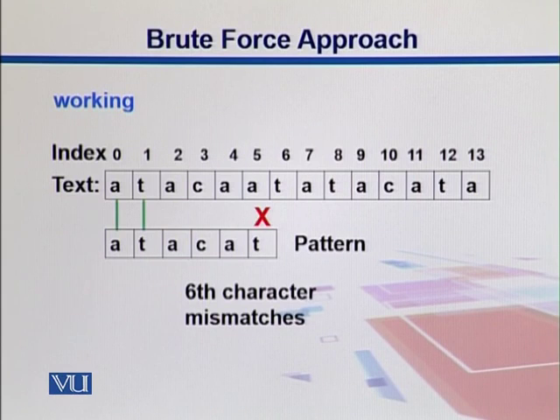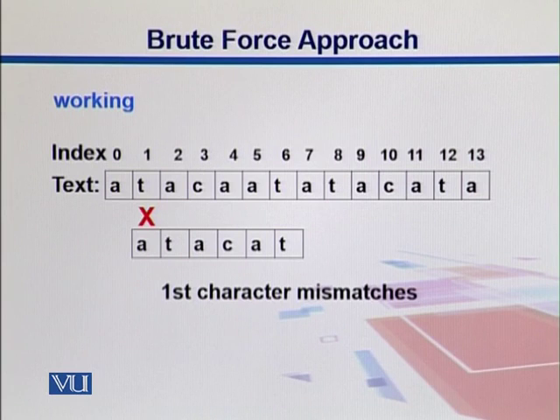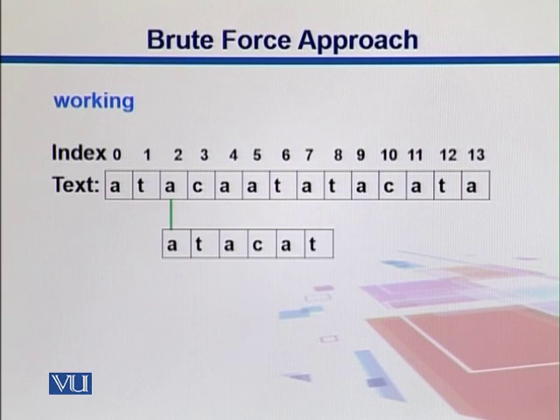We see that everything matches except the 6th character, so that 6th character mismatches. We move one character towards the right, and now the first character mismatches. We move further till the first on the pattern matches the third on the text.